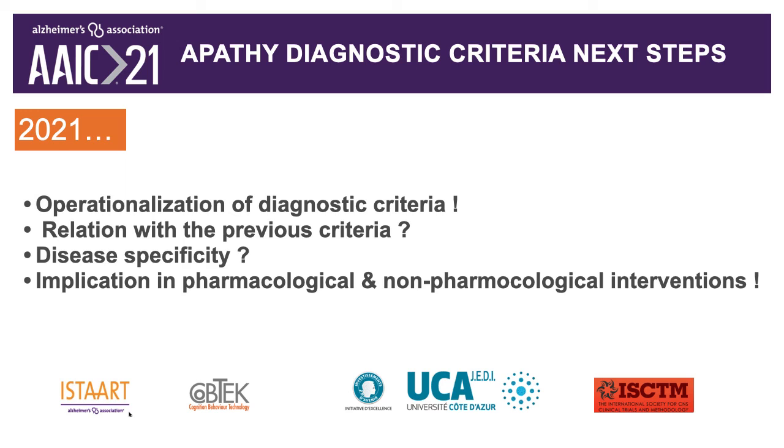First, the operationalization of the diagnostic criteria and the relation with the previous criteria. It is also important to look at the disease specificity. And finally, always remember that the important point is the implication for the development or the validation of pharmacological and non-pharmacological interventions.